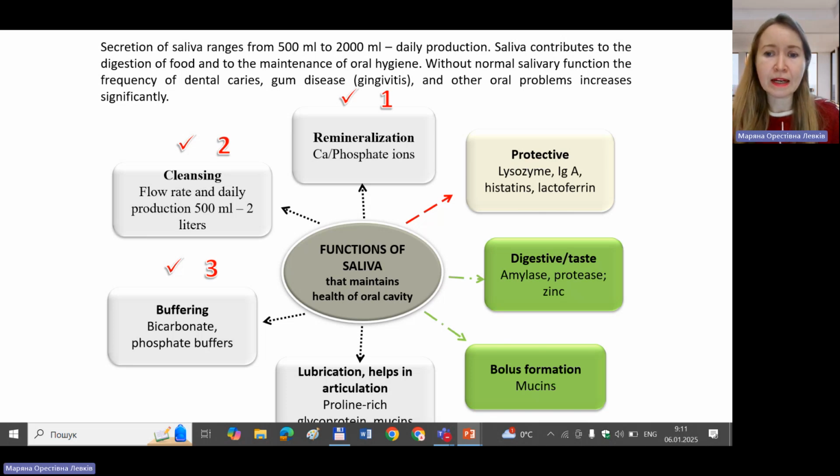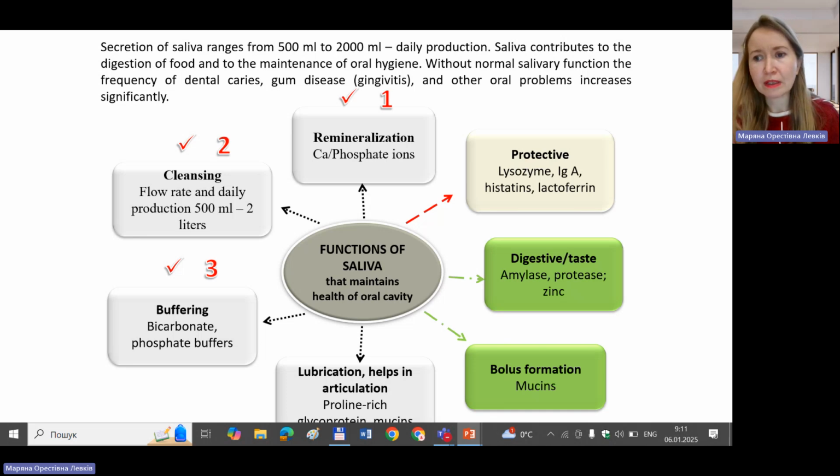Remineralization is done due to the presence of calcium and phosphate ions in the composition of saliva. Cleansing function is done due to flow rate and daily production of more than 500 milliliters. Buffering capacity is due to bicarbonate and phosphate buffers. Lubrication that helps in articulation is due to proline-rich glycoprotein mucins.